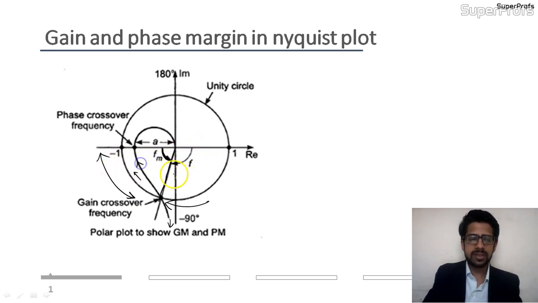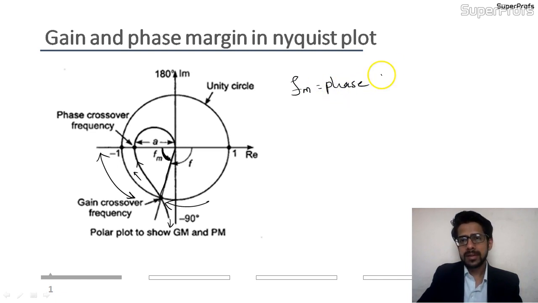So I do have this much margin to cross the minus 180 mark. Okay, so this is the direction of frequencies. So phi m is the phase margin. You just have to calculate this angle for a phase margin, for this particular phasor, this particular phi.